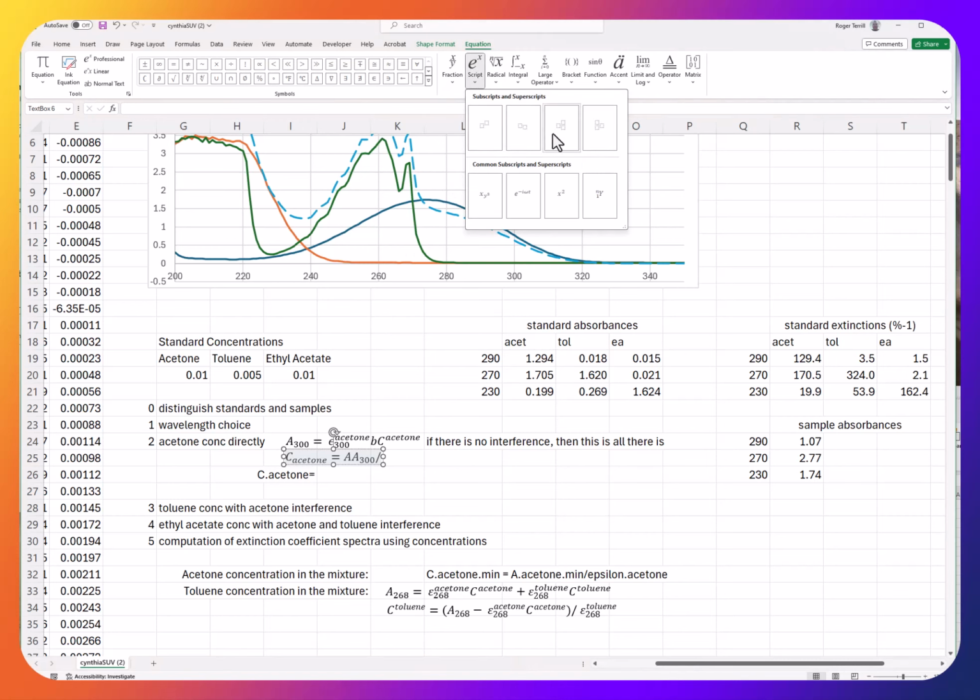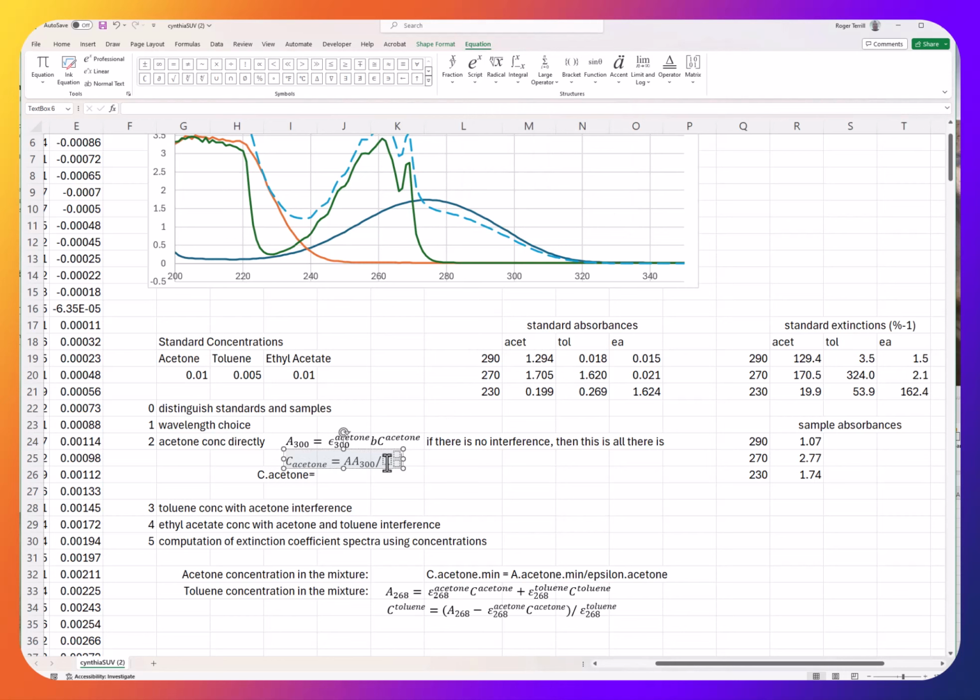And then we'll put B in there, right? That will be in the denominator.